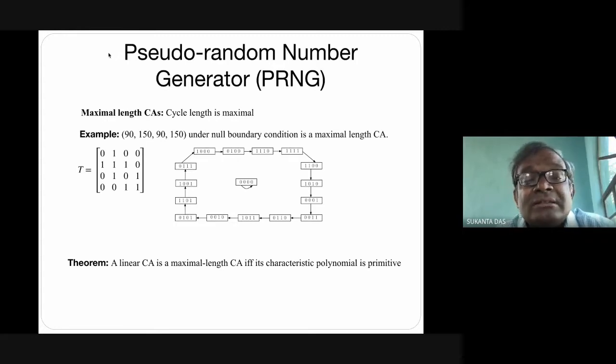So this is the summary. Maximal length cellular automata can efficiently be used to generate pseudo-random numbers or pseudo-random patterns.